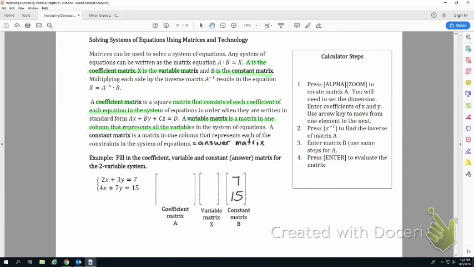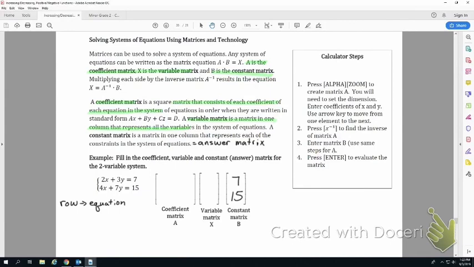So let's walk through this. Again, I need to fill in my coefficient matrix. First, I need to figure out what kind of dimensions I need to have in this matrix, though. How many equations are there? 2. How many different kinds of variables are there? 2. Each row, and I would write this on here, the number of equations is going to represent the number of rows.